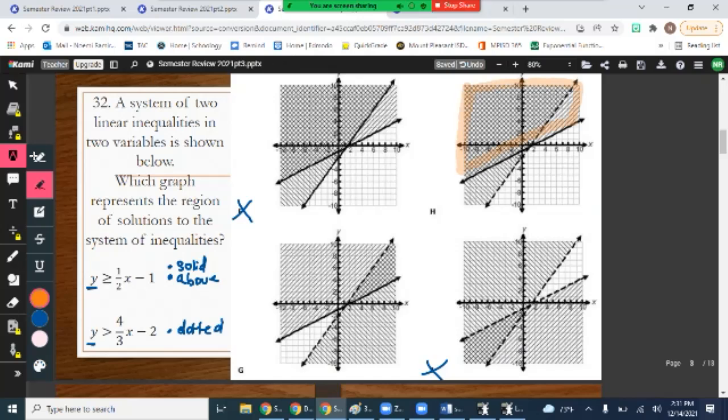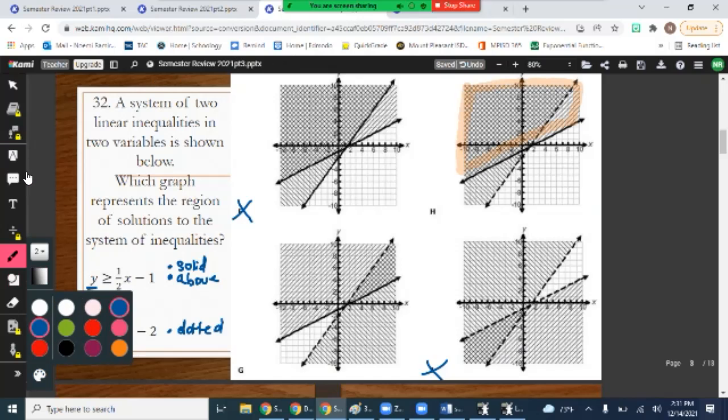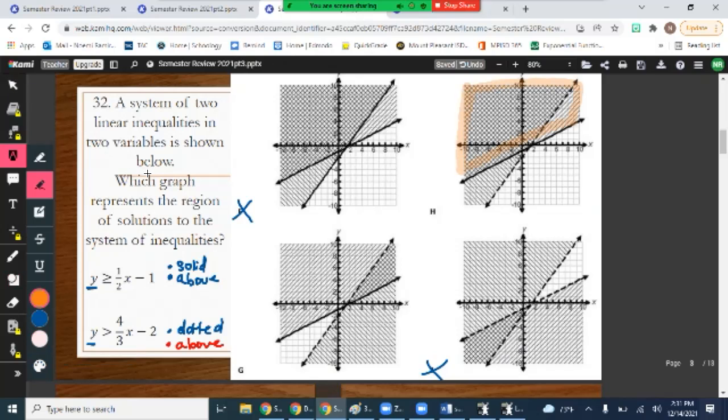Now, once again, make sure it's solved before you do this. The other one is also what? Above. It's greater than, above. I forgot to shade above this one as well. Okay. So I find my dotted line, shade above.